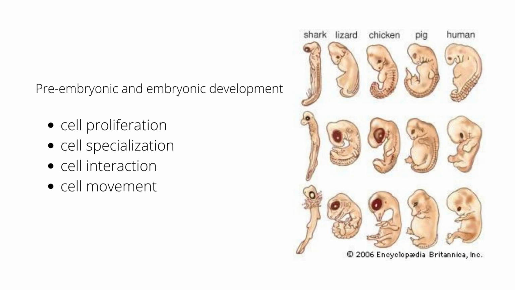The machinery is essential for four processes: the cell proliferation, cell specialization, cell interaction, and cell movement. And during these processes, the approximately 20 to 25,000 genes in the human genome give rise to as many as 100,000 different proteins, which give the conceptus form and substance.